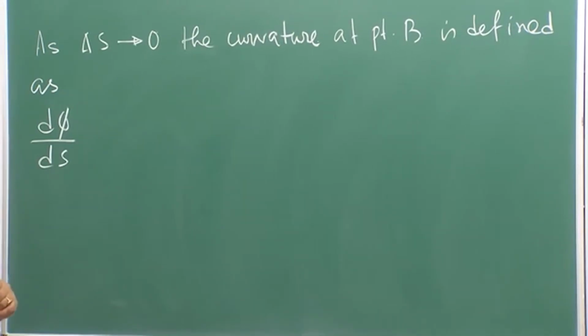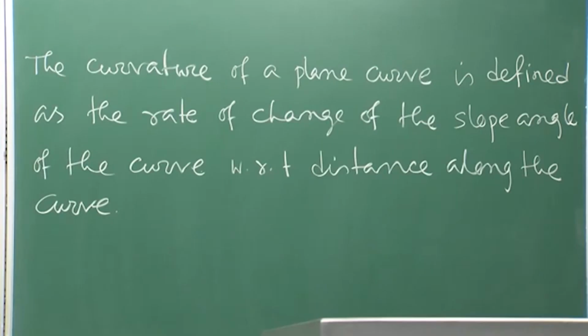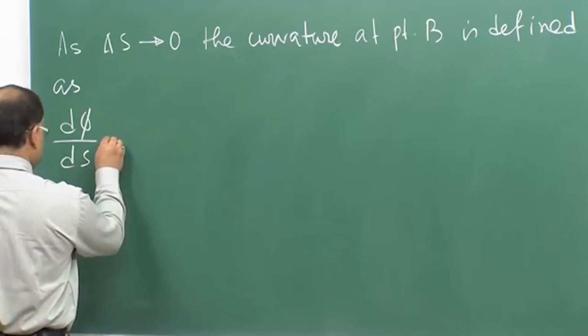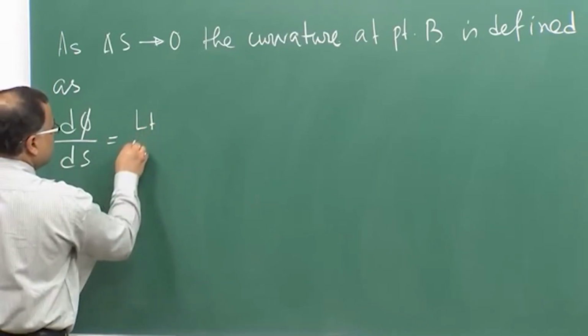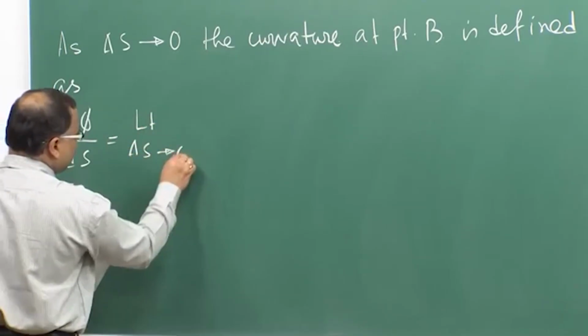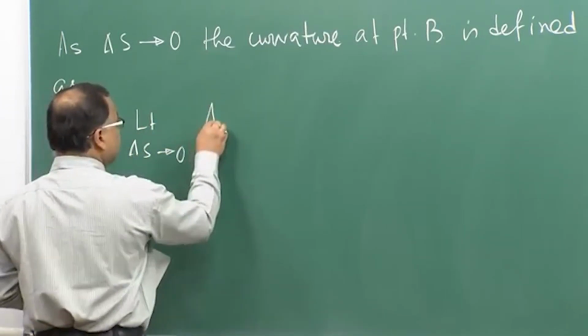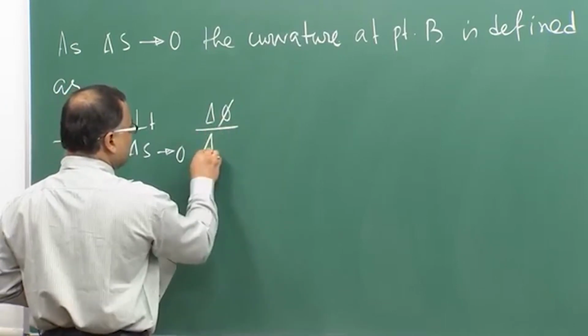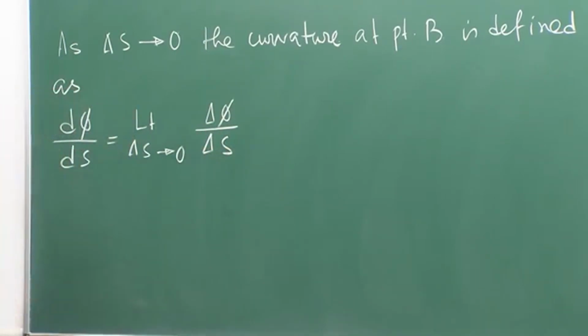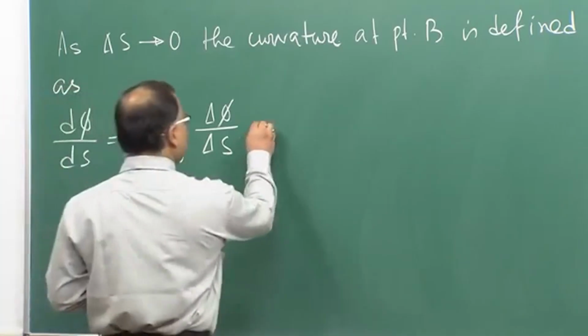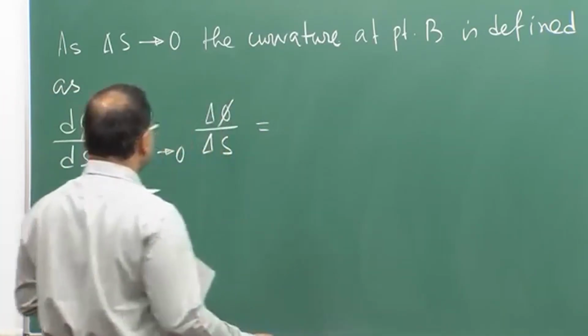That means it is defined as the rate of change of the slope angle of the curve with respect to the distance along the curve. So, d phi ds is your curvature, which can be written as limit delta s tends to 0 of delta phi by delta s, okay, agreed.